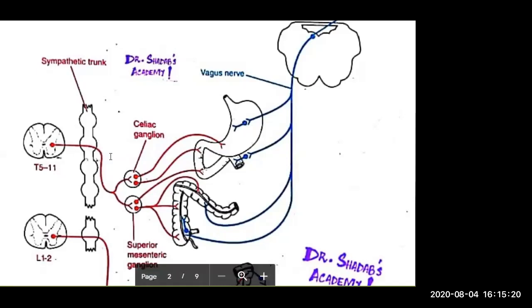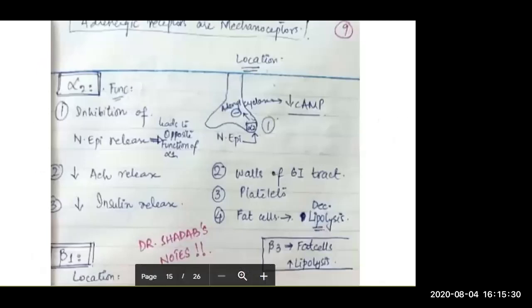Similarly, if I talk about the sympathetic, you have alpha 1 receptors, and the neurotransmitter is epi or norepi. So do not confuse or mix this with alpha 2. Alpha 2 does have actions on norepi and epi, but it also decreases the release of acetylcholine.